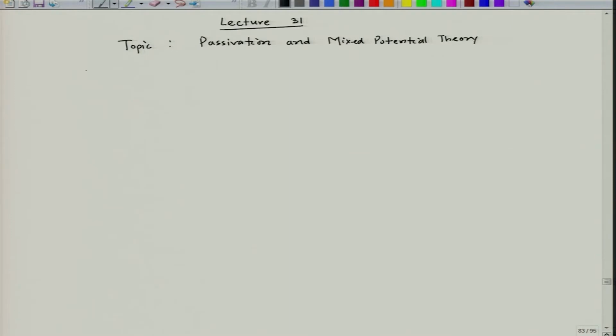And we will talk about effect of galvanic coupling between an active passive metal and an unnoble metal.